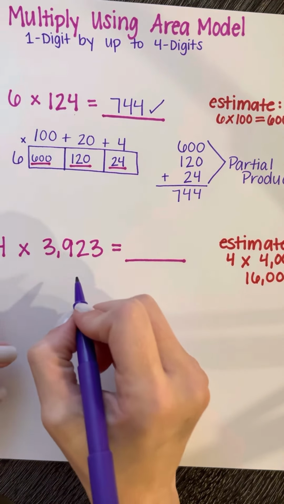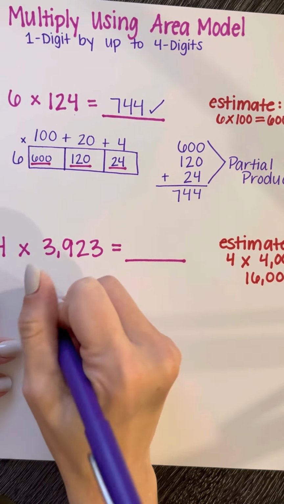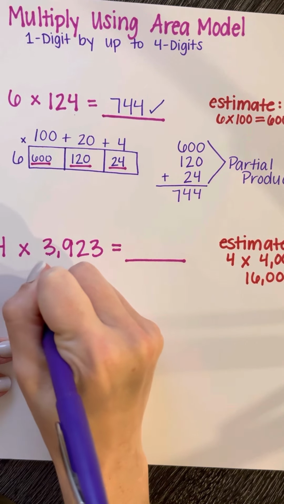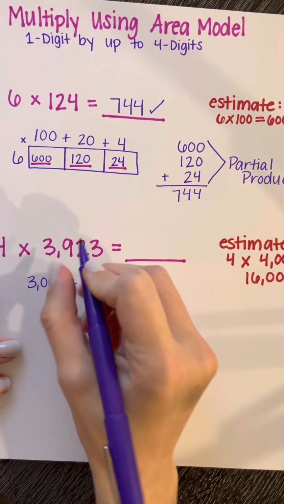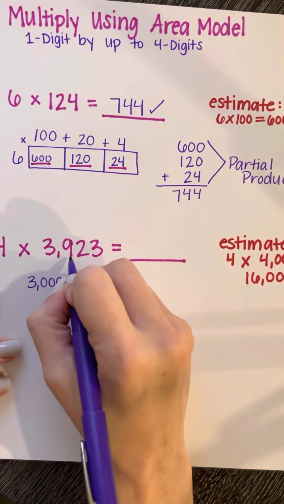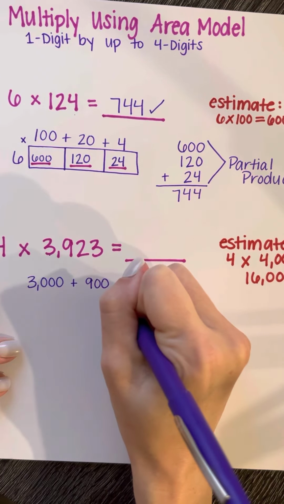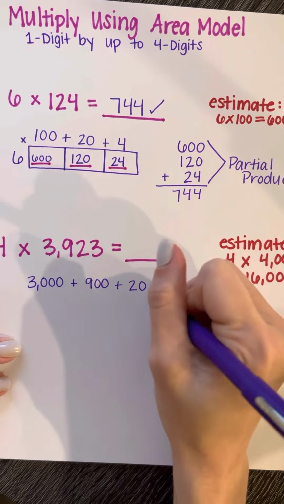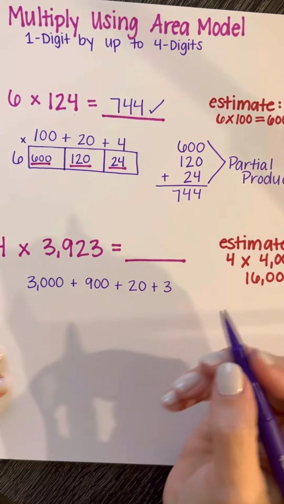And now we're ready to expand our factors here. So we have this 3 first, which is in the thousands place, so we have 3,000. And we'll add that to each value of one of these digits. So this digit is worth 900, and then our next digit over is worth 20, and then our final digit is worth 3, since it's in the ones place.